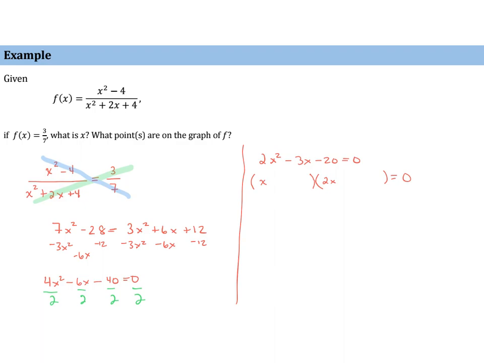So x and 2x. Now, the signs will be different, so let's try plus and minus. And 20, let's try 5 and 4. If we try 5 and 4, I already know this will not work because there's a common factor shared. So let's try 4 and 5.